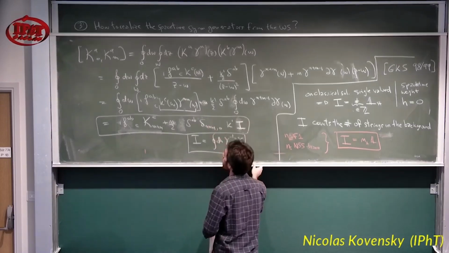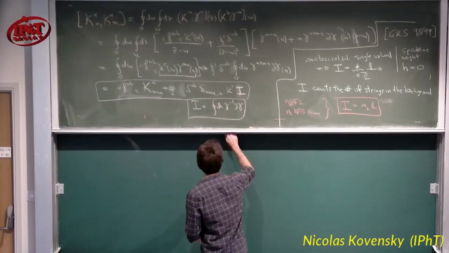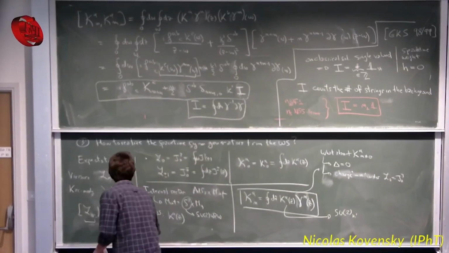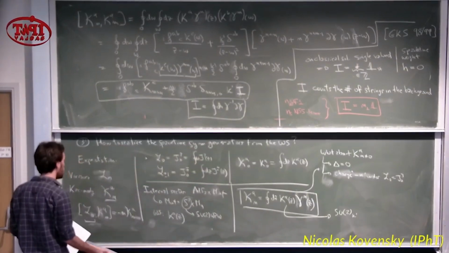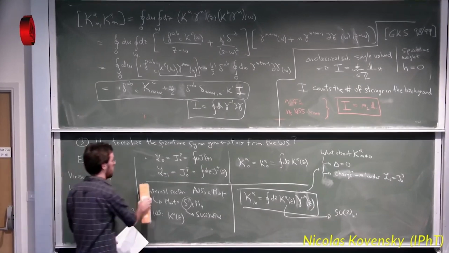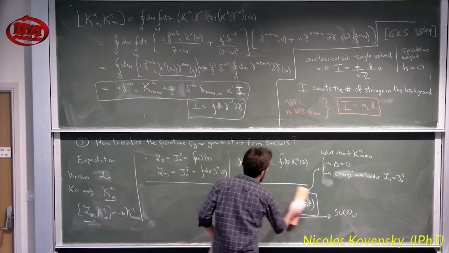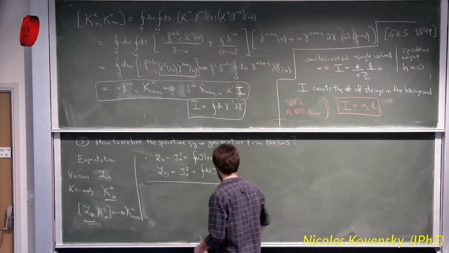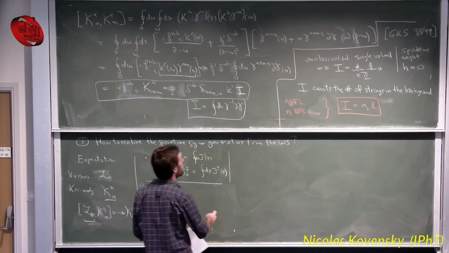And one way to argue for it is the following, is that I still need to tell you what are the rest of the Virasoro modes, right? And I'm not going to do the full computation here just because it's longer, but the idea is exactly the same.